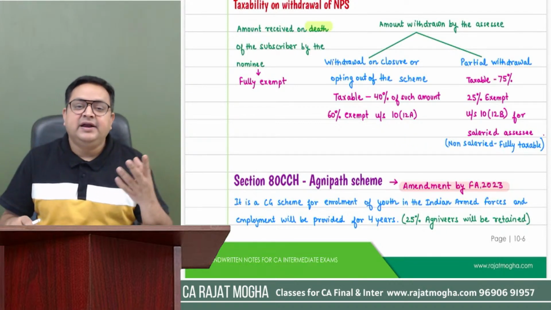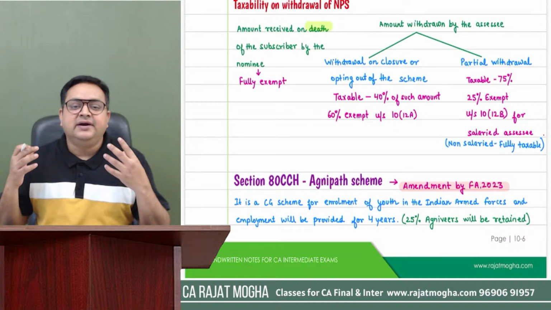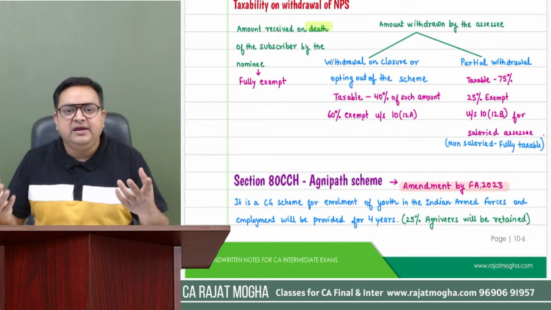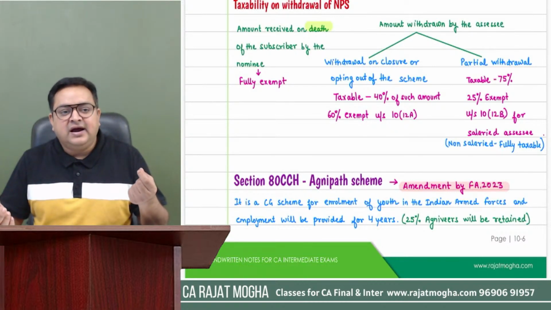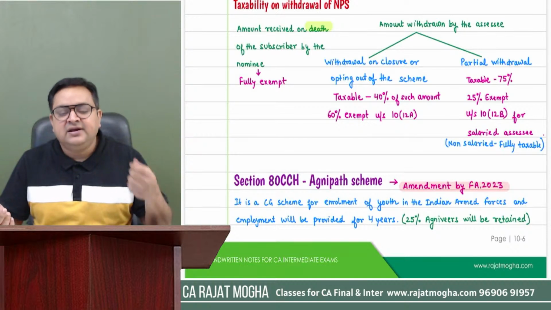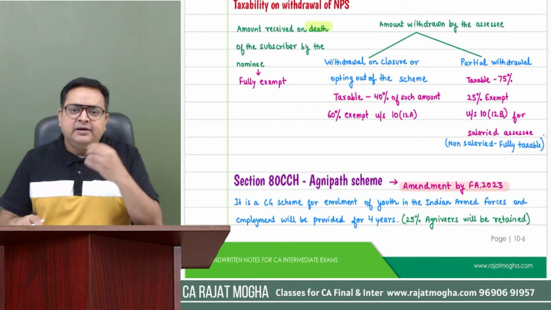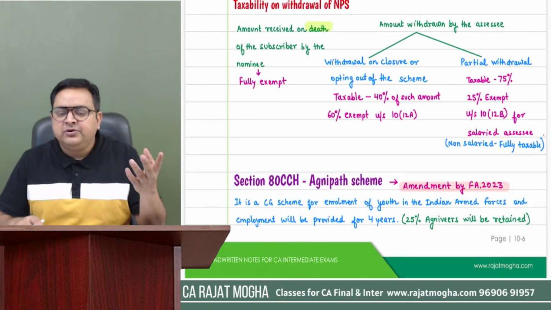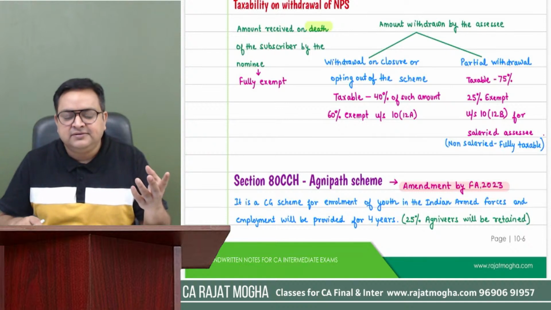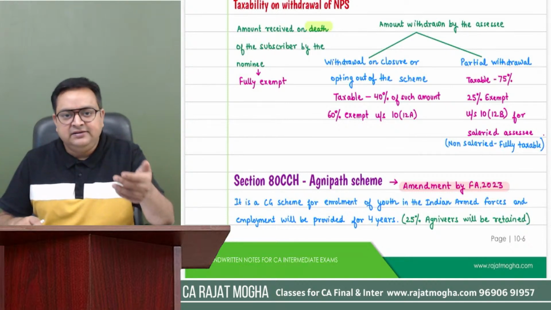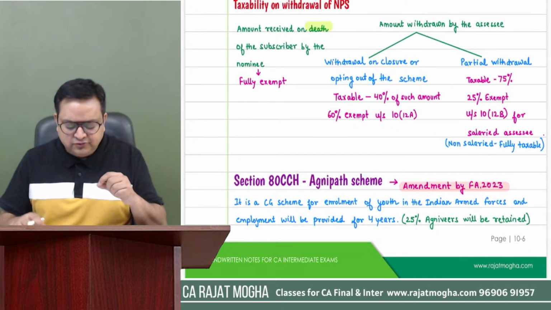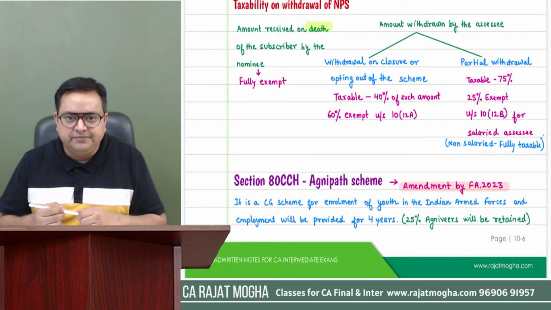In that case, they will get benefit. First of all, they will get experience of 4 years working in Army, Navy, or Air Force. Second, they will get several benefits in other employment also. They will get benefit from banks also. If they would like to start their own business or profession, they can easily get a loan from the banks. So there are several benefits available to them, right?